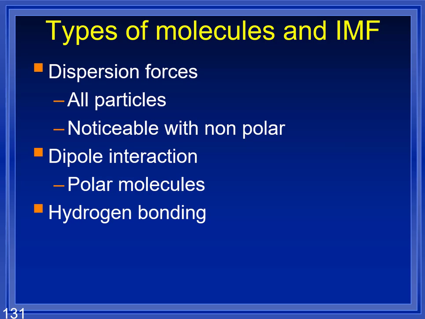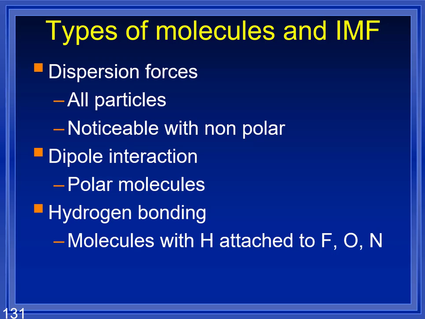And a specific kind of polar molecule can do hydrogen bonding. So molecules with H attached to F or O or N. Not just have those same atoms in there, they actually have to be attached to them.